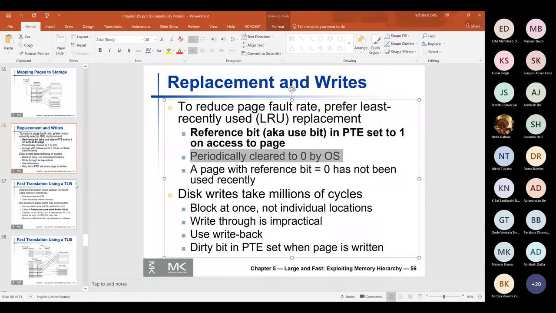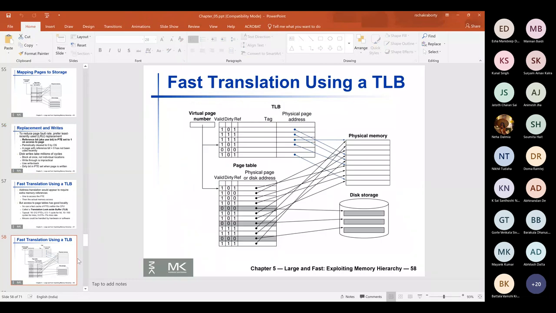Why is this required? This is required because otherwise there is no distinction of time. How will you understand when these have been touched? Once it becomes 1, it will remain 1 forever. No concept of time is there. So when you have to choose a page for replacement, you have to look at the 1 or 0 bit.